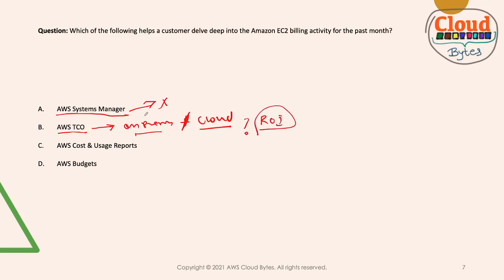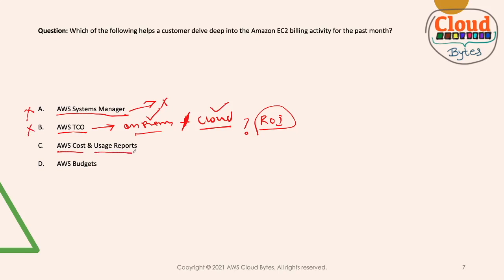So basically, which one will be expensive? How much cost will you have to pay running the same service on-prem versus in cloud? So that's a TCO. This doesn't give you billing info.